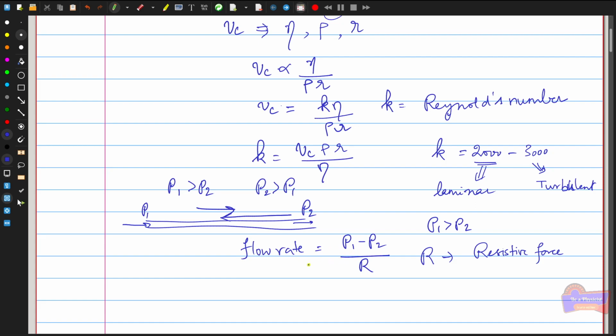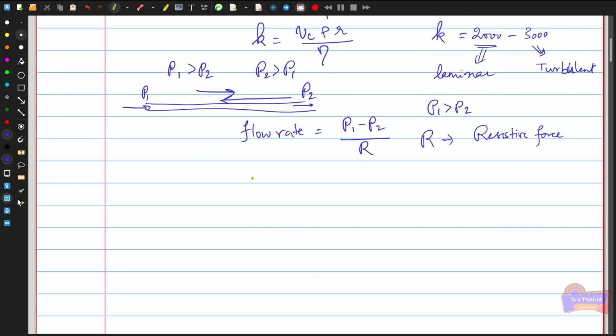Based on whether the flow is frictionless or viscous, the shape of the flow will be different. If the fluid is a non-viscous medium, then the flow will be uniform throughout the capillary tube.